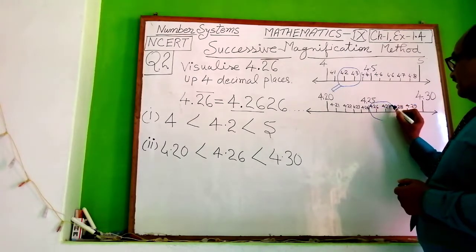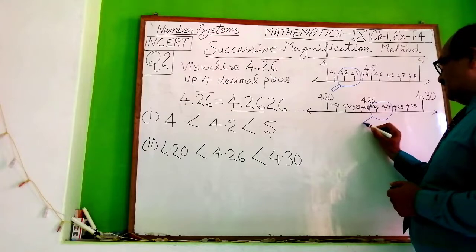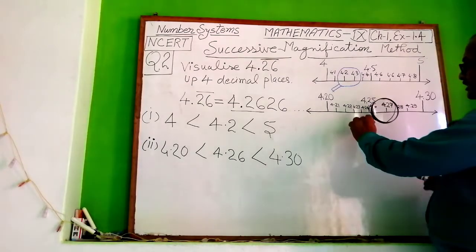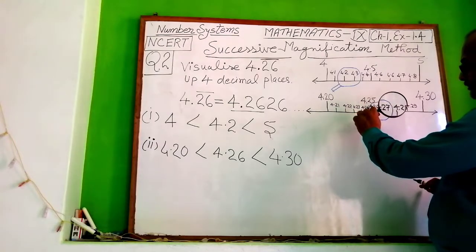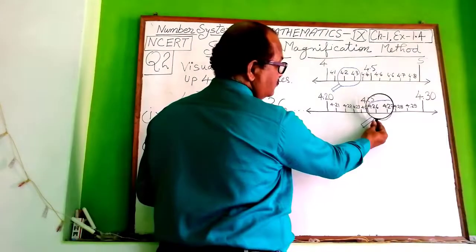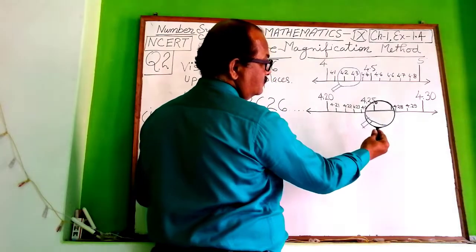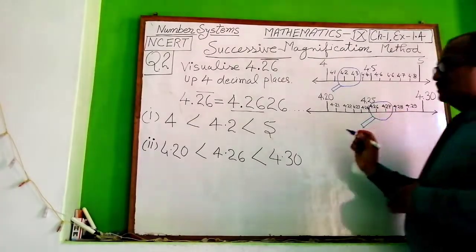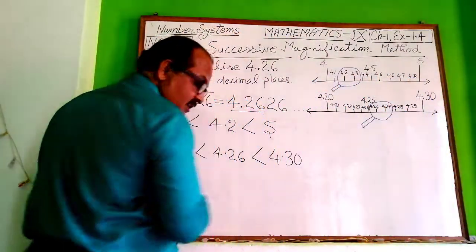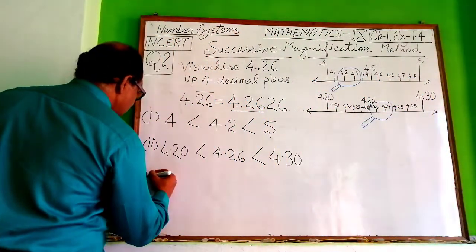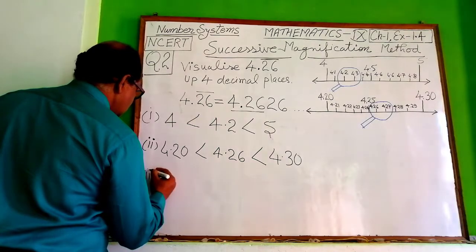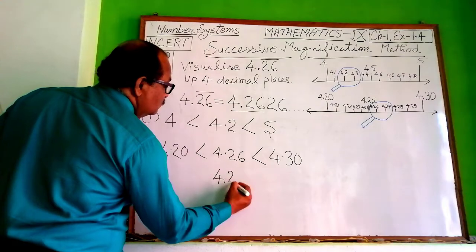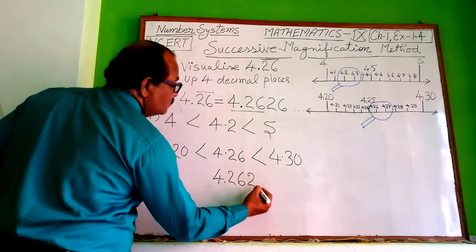I am going to magnify this place using our magnifying glass. You can see how it will visualize. Present these two positions. So you can see the third step. The third step is 4.262.